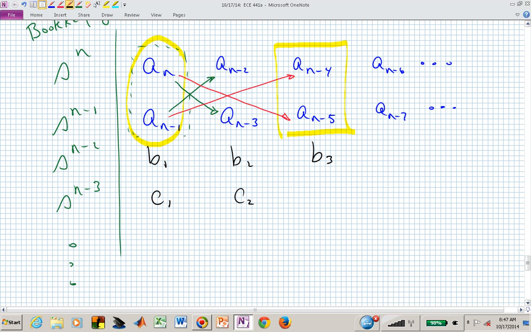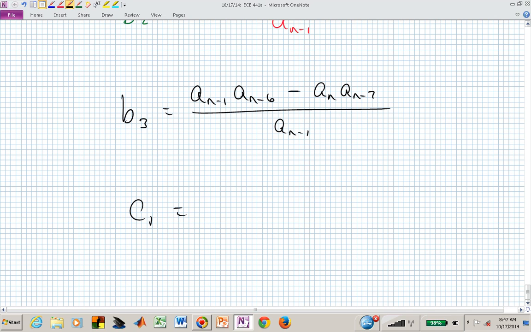Is that clear? C1 is now B1 times A sub n minus 3 minus A sub n minus 1 times B sub 2 all over B sub 1.